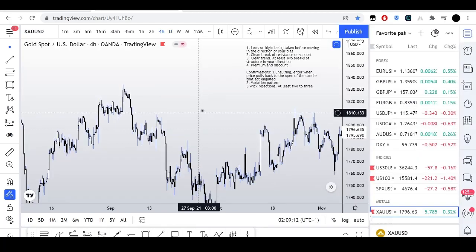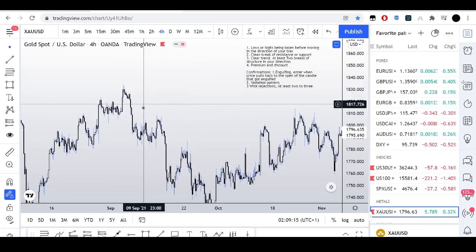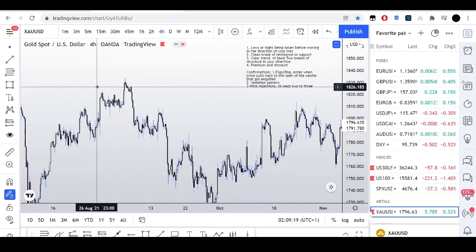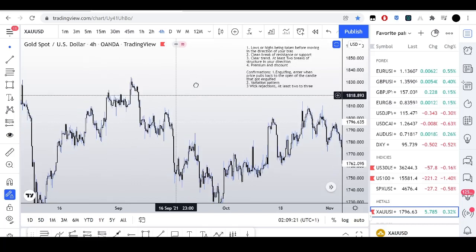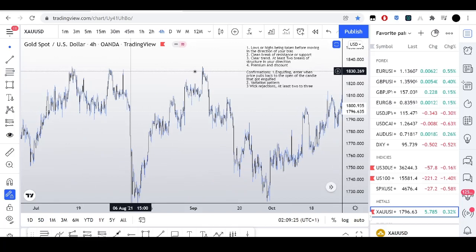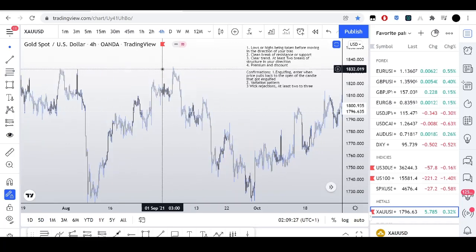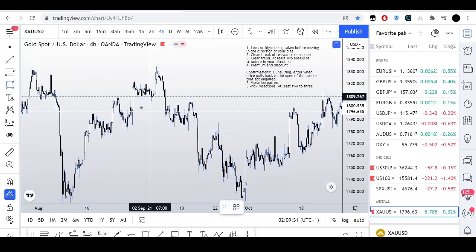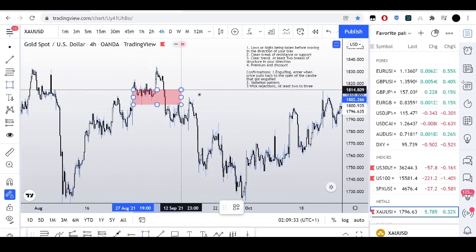The first pair that I want to go over, which is really nice, is gold. When you look at gold, you can see that gold came up to this resistance right here, and then they started selling off here. So this is your first break of structure right here.